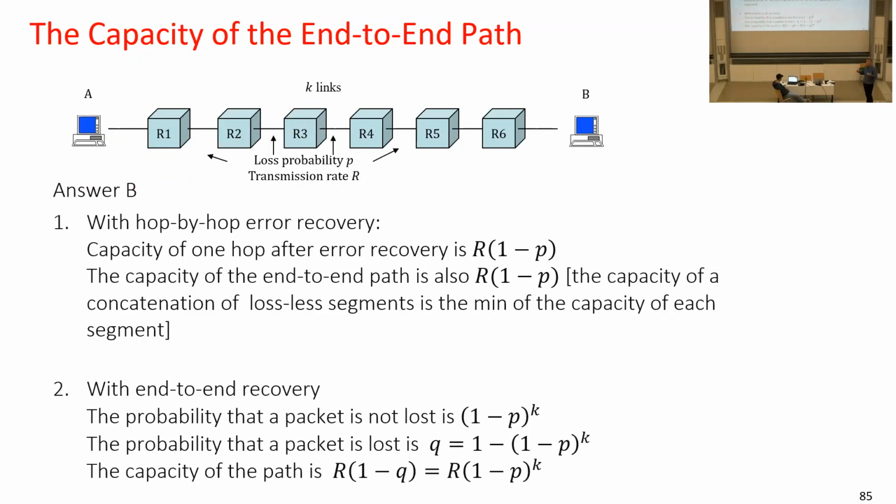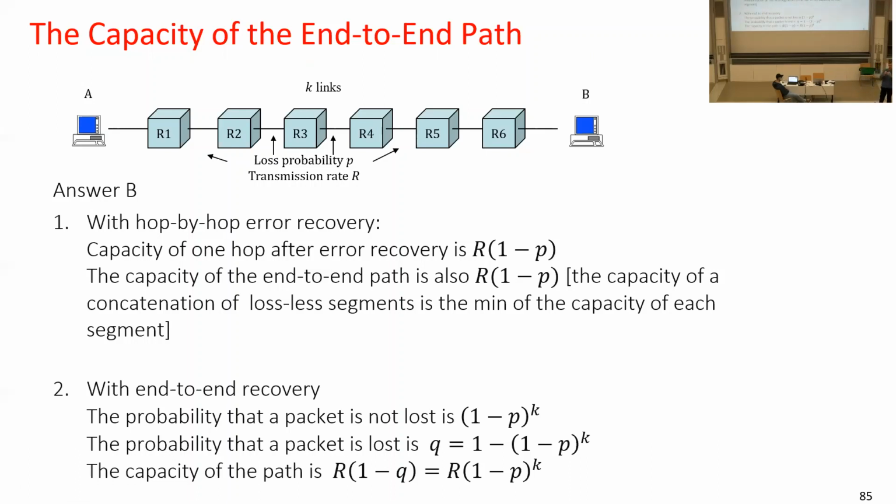So we add a local TCP between them, if you want, so R1, R2 are not routers, but they are TCP proxies. If we do this, then the capacity of the link between R1 and R2, by the formula that I said before, is R(1 minus P). Now I have a succession of links.